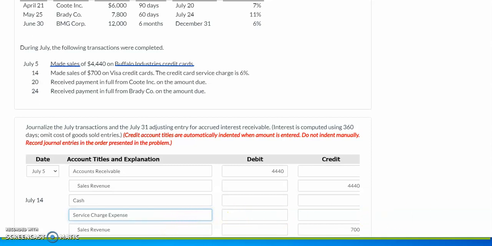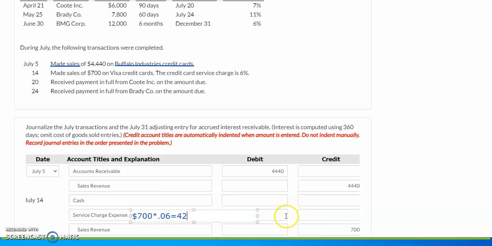So you're going to take the amount of the credit card transaction, which in this case is 700 times 0.06. And in your calculator, you'll want to compute this expense. So it will be $42.